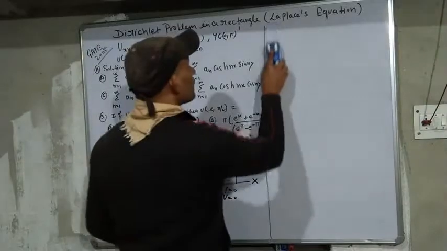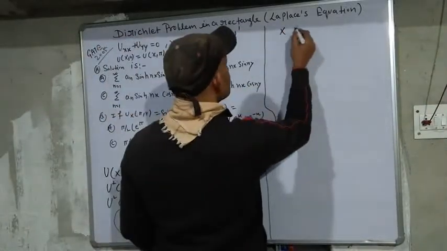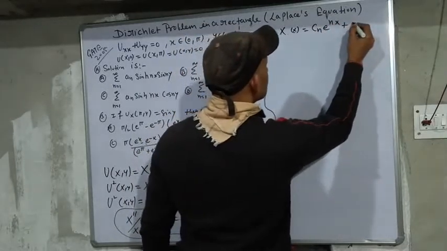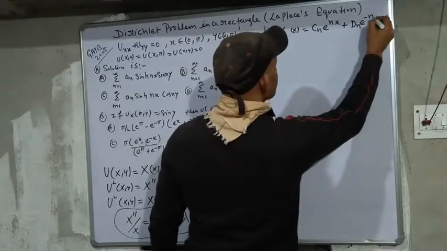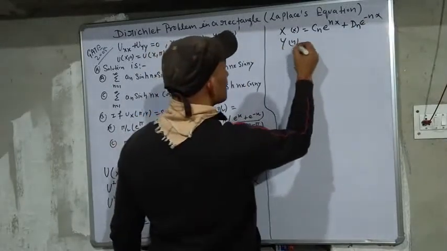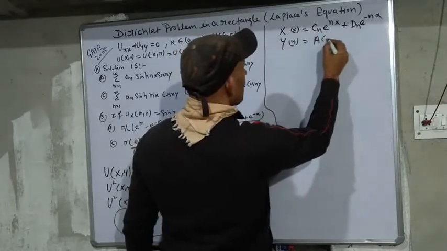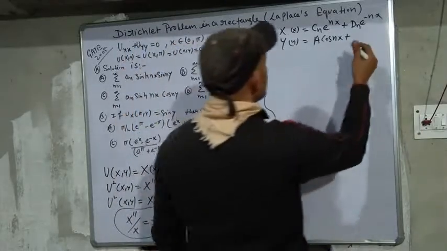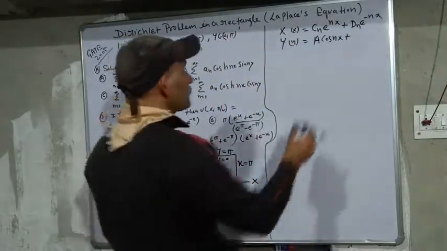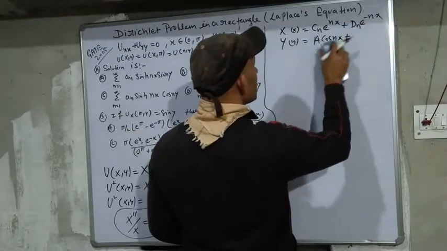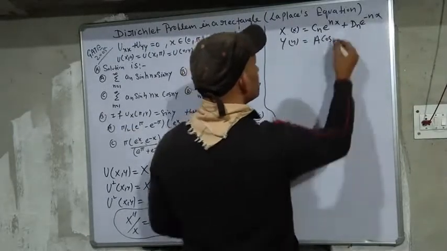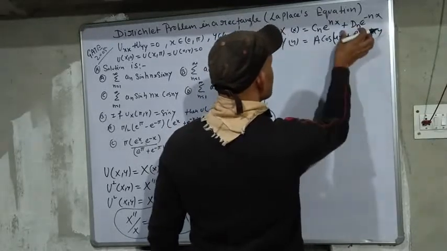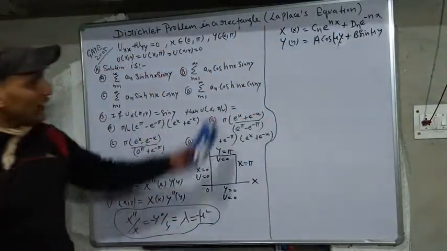Your solution for X(x) is equal to cn e to the power nx plus dn e to the power minus nx, and Y(y) is equal to a cos mu y plus b sin mu y, with lambda equal to mu square. Sorry, this is y, because this is y. So you have got such a solution.